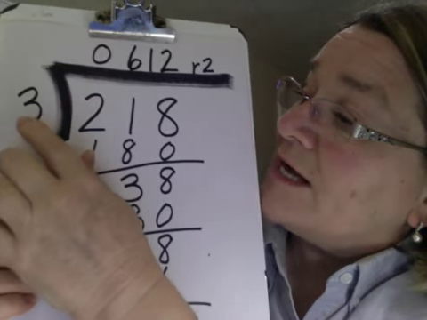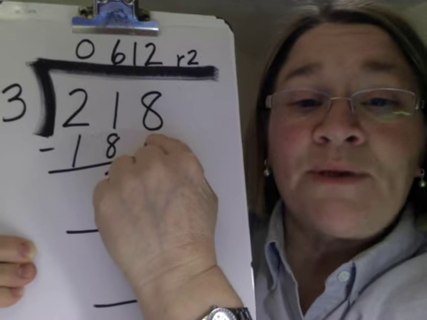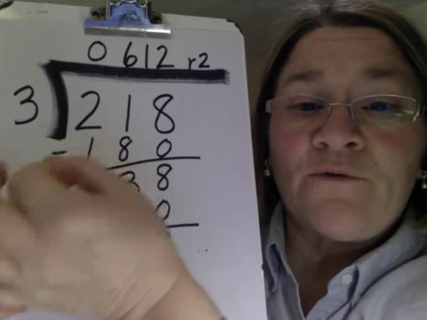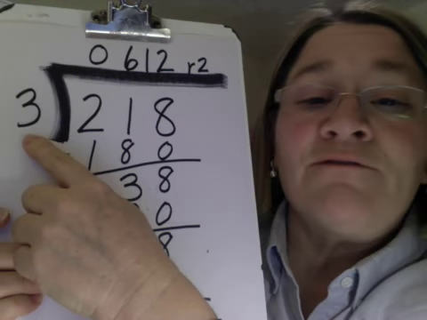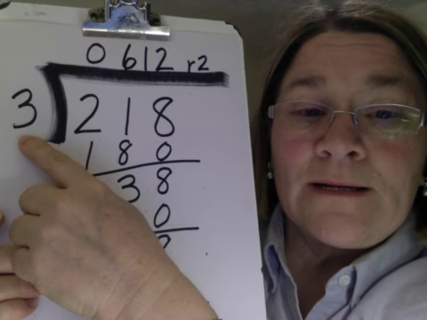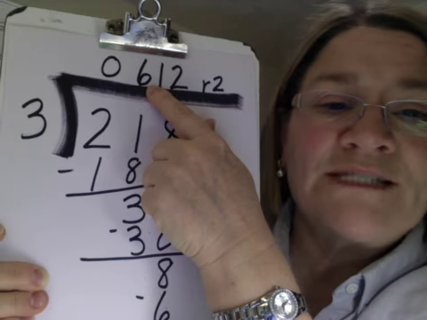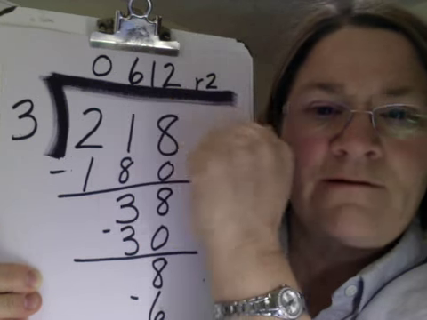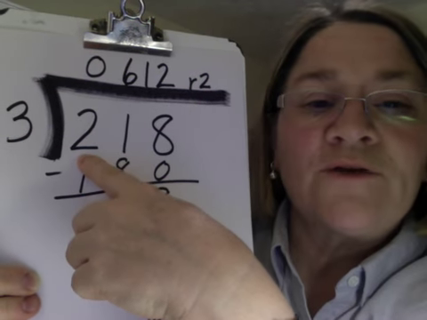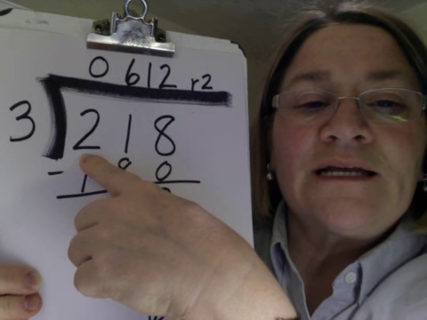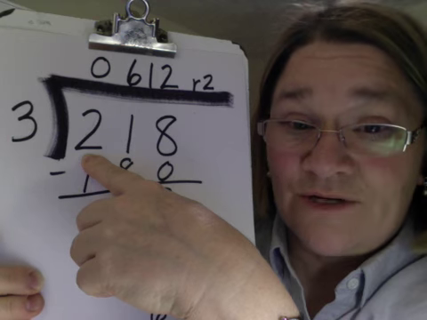The first thing we can look at is, if we had 218 pebbles, little pretty rocks, and we decided we were going to put them into 3 even piles, does it make sense that you would have 600 in each pile? If you started out with only 200, it doesn't seem reasonable to me that you would end up with 600.